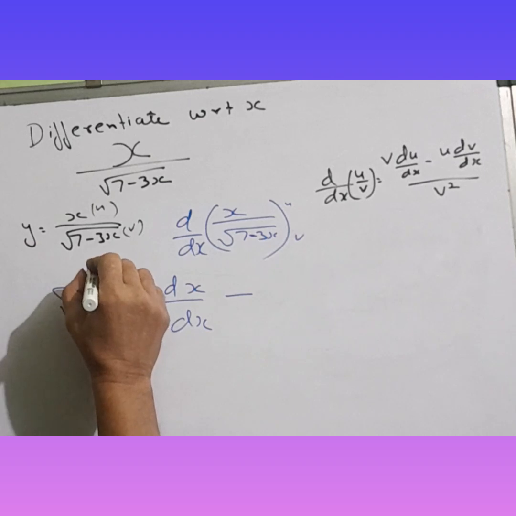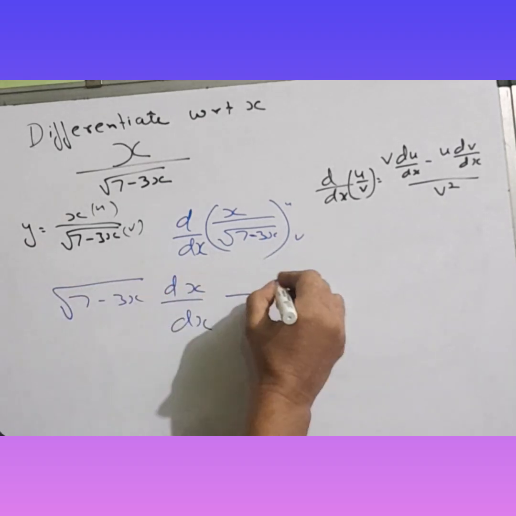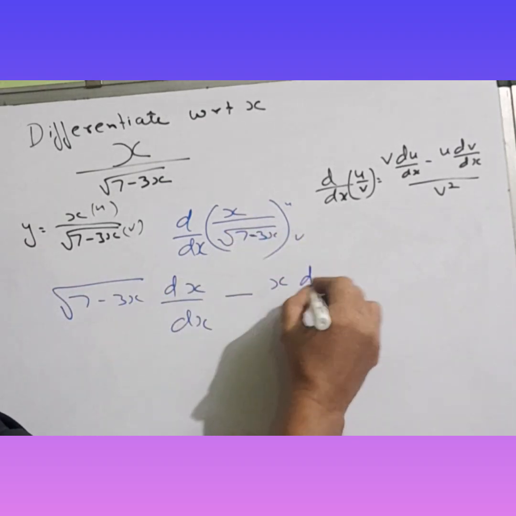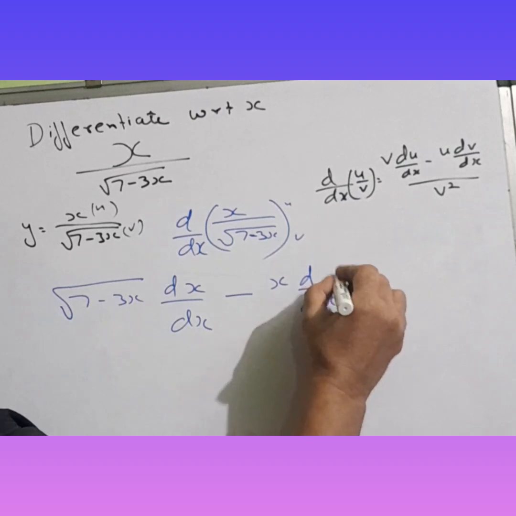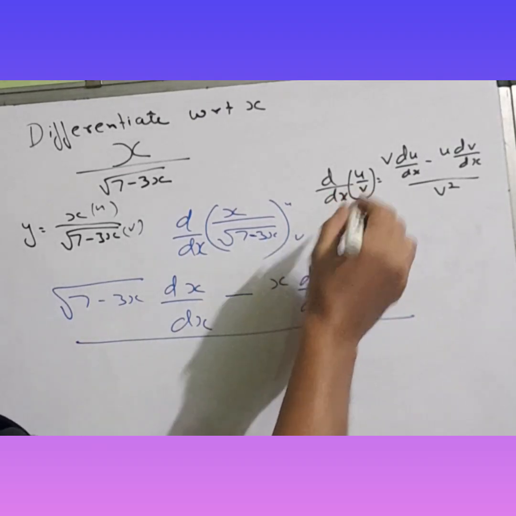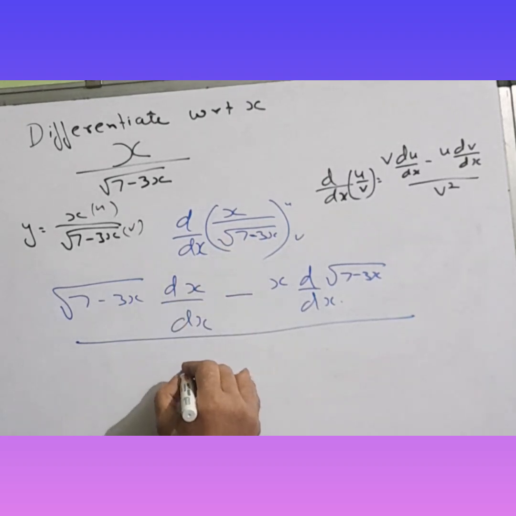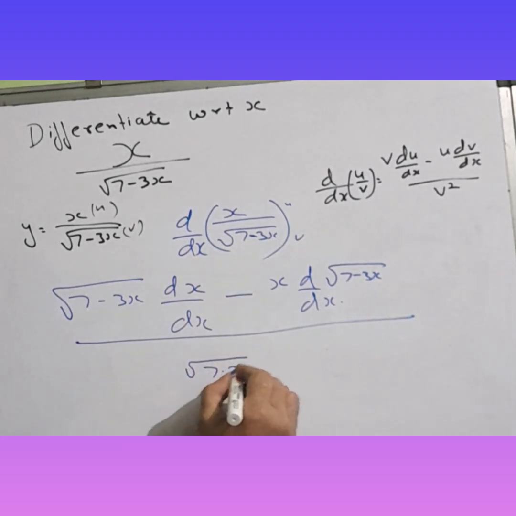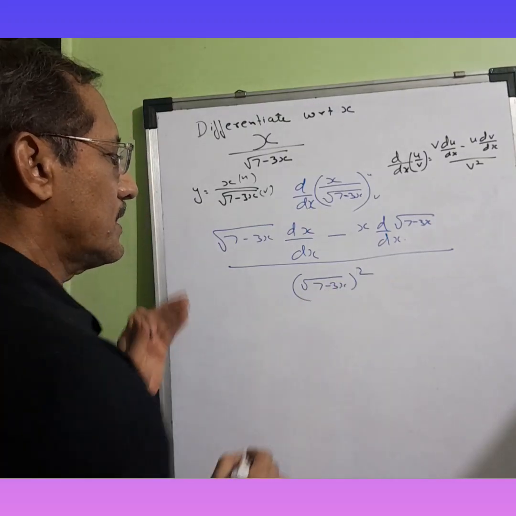So this is our v, this is our u, so it would be x and d by dx of, right, and this would be divided by v square. Alright, so this part is understood.